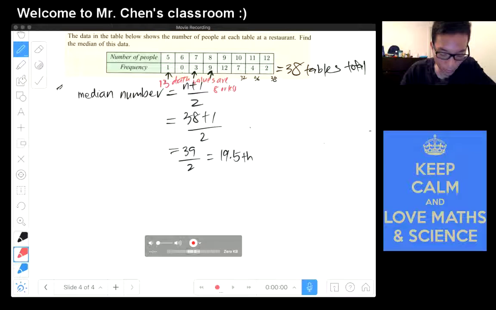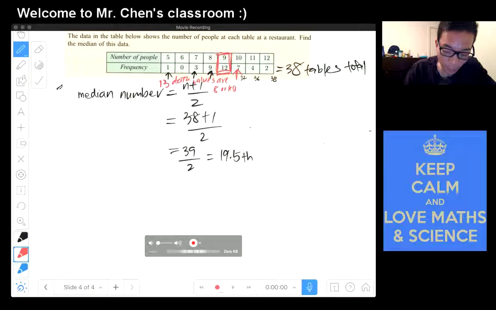So you know that your position is 19.5, and 19.5 is in that set. If you go past here, 13 plus 12 is 25, so the 26th data is already in the 7 tables of 10 people.